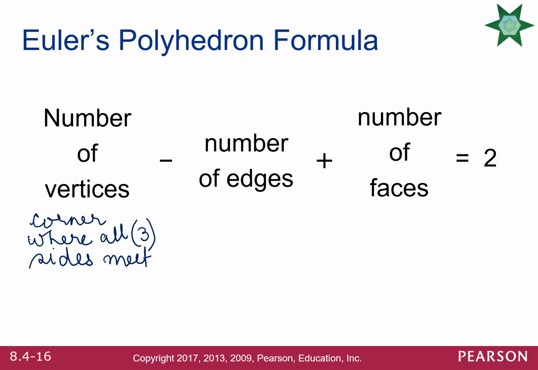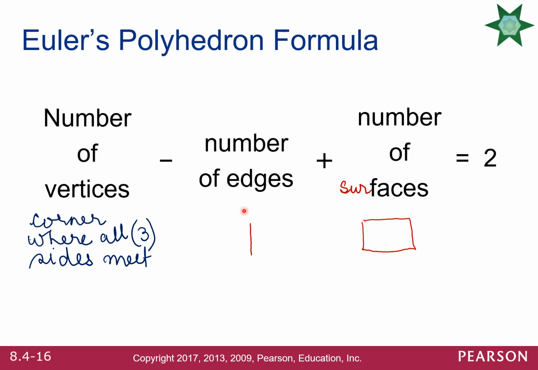So the number of vertices in a polyhedron minus the number of edges. Edges are the sides. Plus the number of faces. Now faces means surfaces, the number of surfaces, and that's how we distinguish between faces and edges. Edges represent an edge of the side, whereas surfaces are the flat part of a figure.